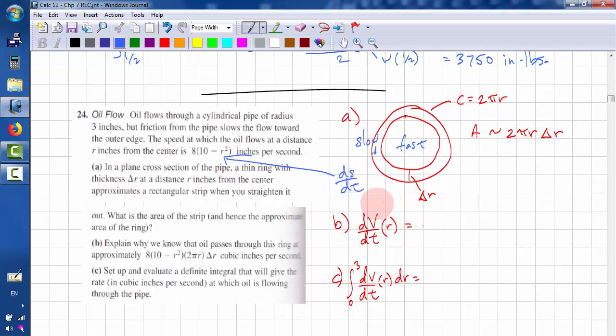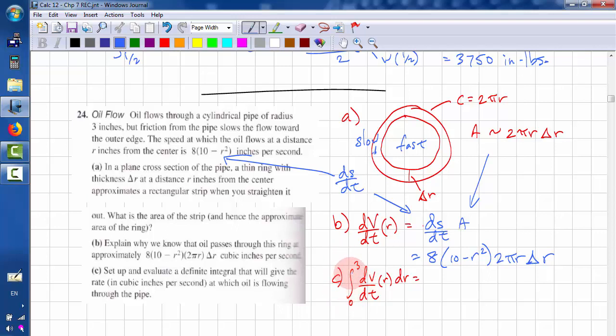Now for part B, dV/dt based on r is the speed times the area. So we get that from there, and we get that from there. And this works out to 8 times 10 minus r squared, and 2 pi r delta r. And this is a slight error.